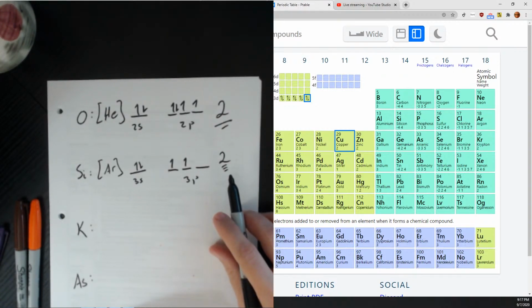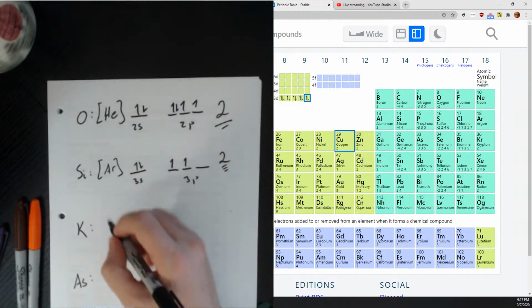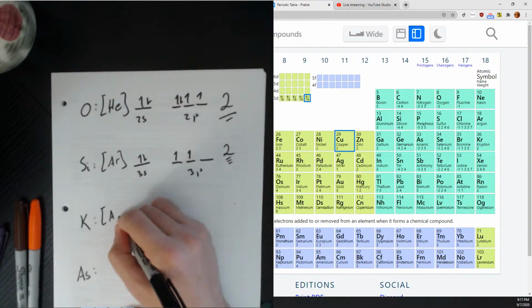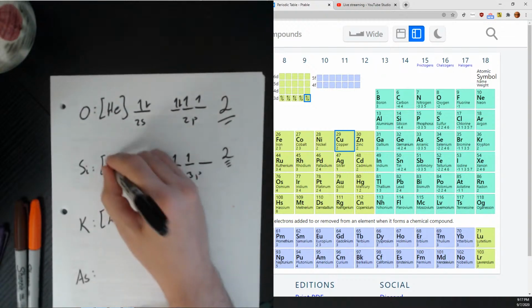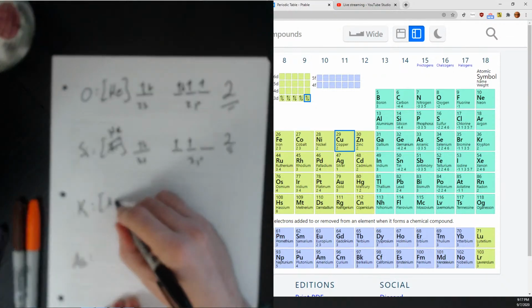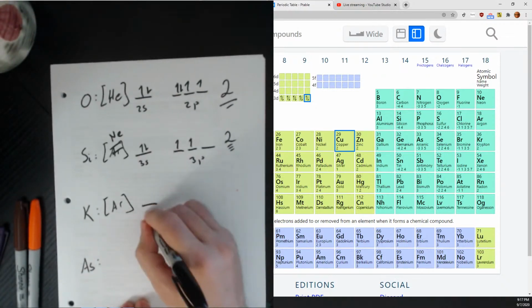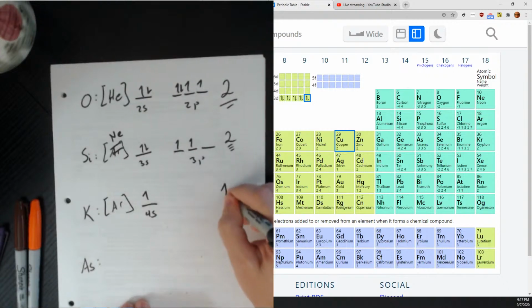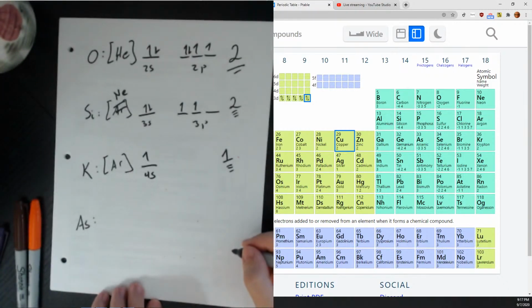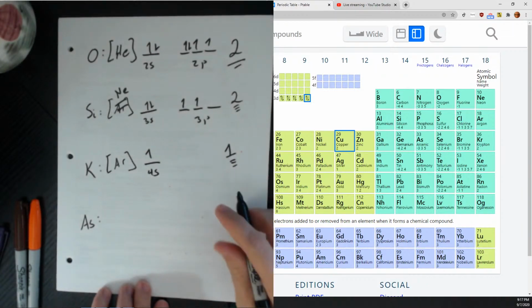Potassium is the first column of 4s. Previous noble gas is argon. I screwed up a silicon. Previous noble gas from krypton is argon, so 4s, a single unpaired electron. Finally, arsenic. Arsenic is underneath phosphorus there.